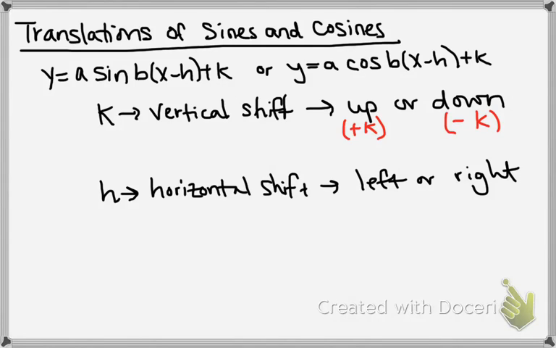Now to tell whether it's going left or right, because it's inside of a quantity, to the left will always be if you're adding the h value, and then the right is if you're subtracting that h value. Because remember, anytime something is within parentheses in math, to pull it out, we've got to do the opposite of it. So that's why left looks like a plus inside of there, and right looks like a minus inside of that general function.